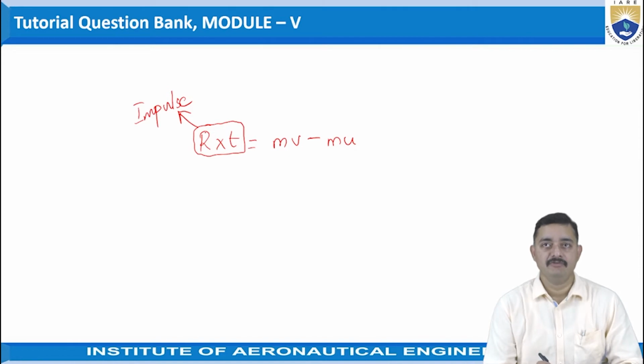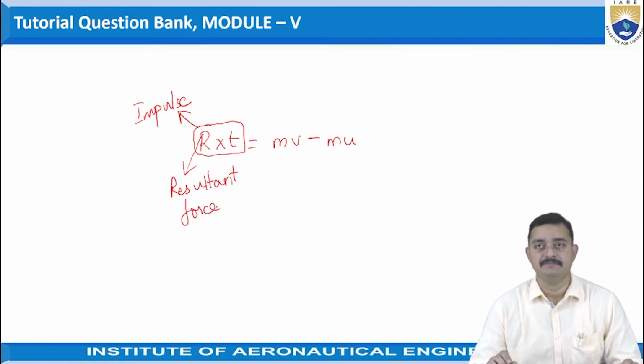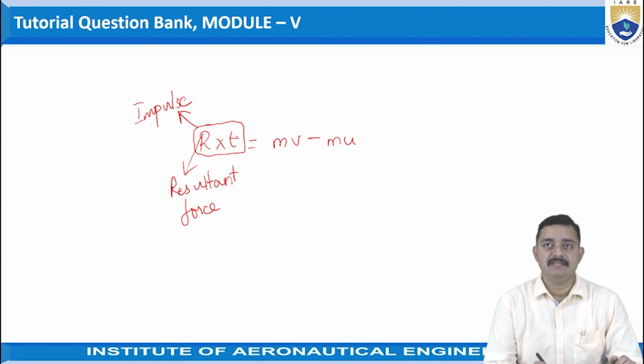And whatever force R is, it is the resultant force in the system. Whatever number of forces may be acting in the system, the resultant of that system of forces is the resultant force, and the product of this force with the time T is taken.